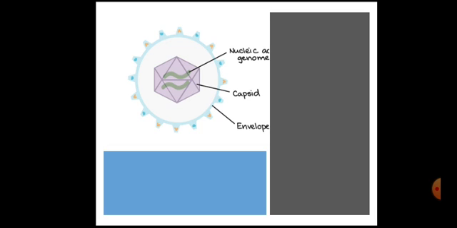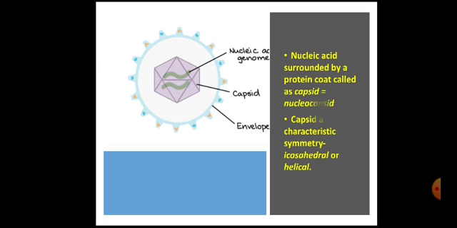This nucleic acid is encased in a cover or capsule which is called the capsid. This capsid and nucleic acid together form a nucleocapsid. The capsid which surrounds the nucleic acid is made up of proteins, protein subunits.